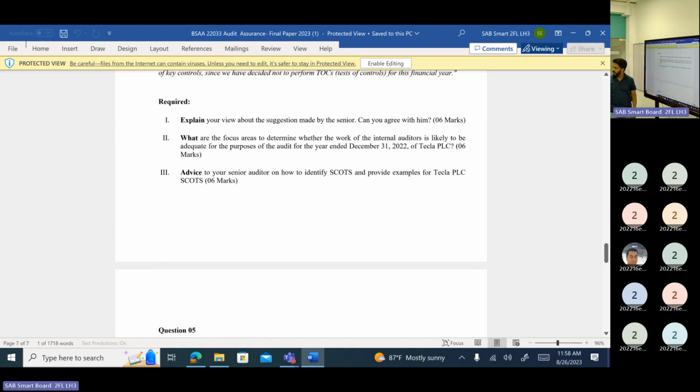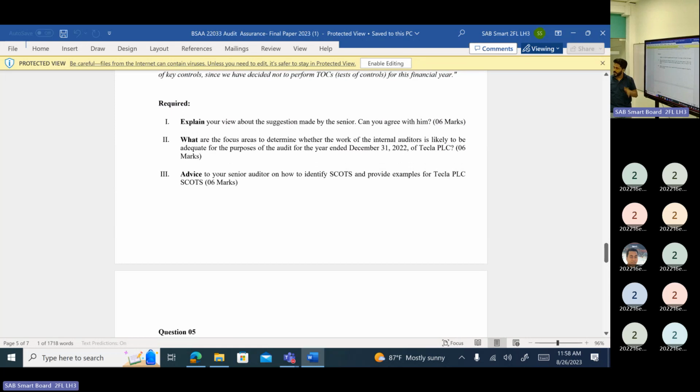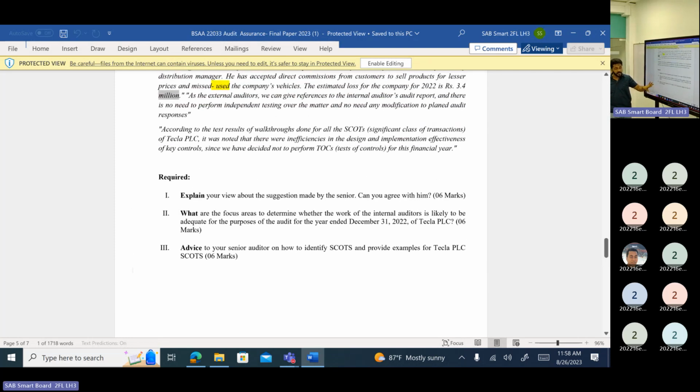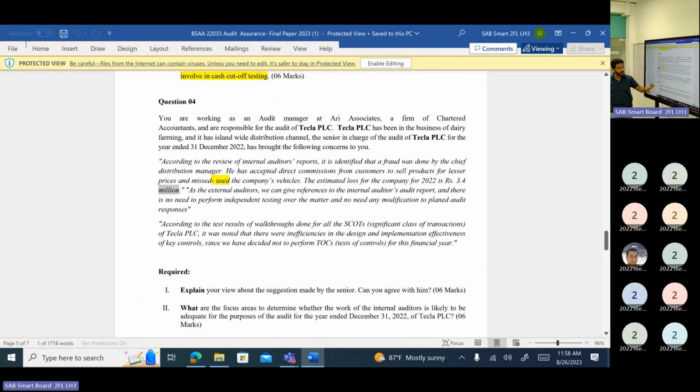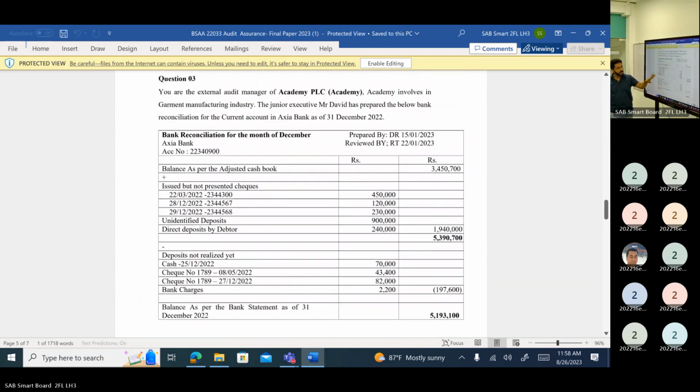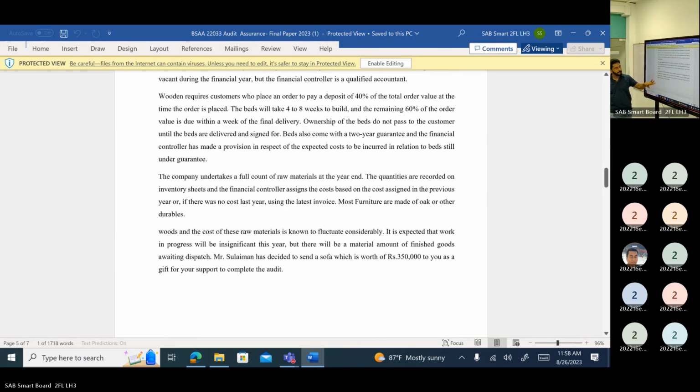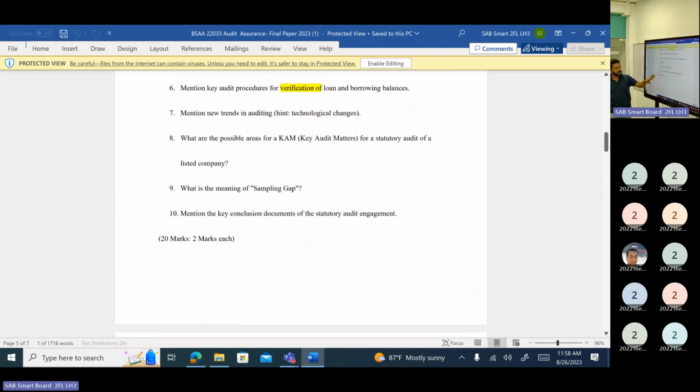Basically, the target is to give short answers for the first section A, and we have a compulsory question under section B, question number 2, and parallelly you have to select another, basically 4 questions, right?